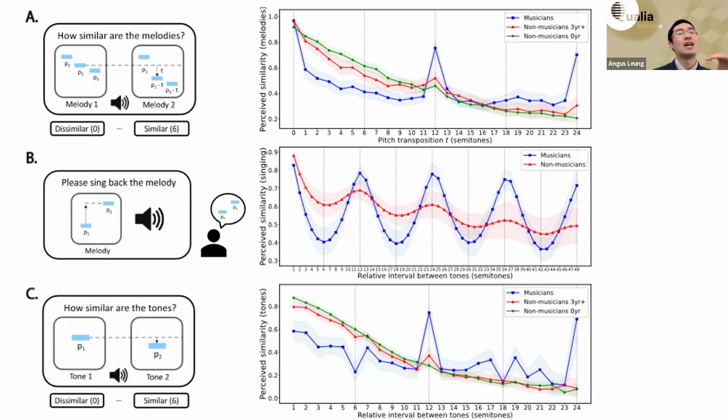Basically the idea is to use task B to separate the non-musicians, or people with little experience, into groups who can reproduce fairly accurately versus reproduce pretty badly, and then see in this non-musician group whether you get this octave and tritone thing happening as well in the people who can reproduce. I'm not sure if you think that would get closer towards or move away from this cognitive theory in the background.